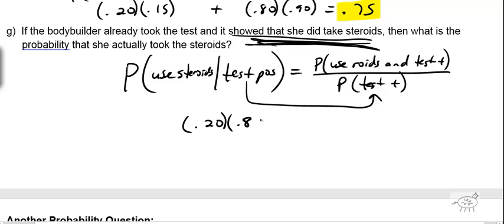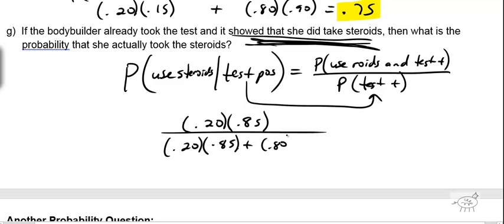And on the bottom, it's probably tested positive, and we did that already too. That's 0.25. That's letter E, but that's basically 0.20 times 0.85 plus 0.80 times 0.10.